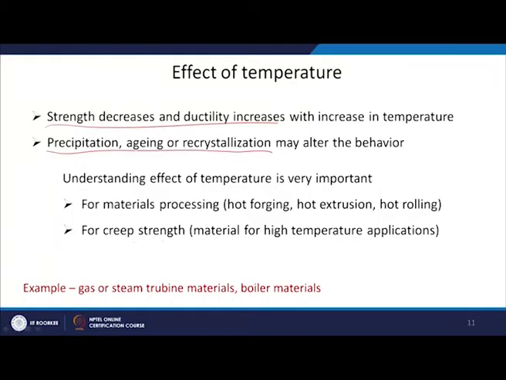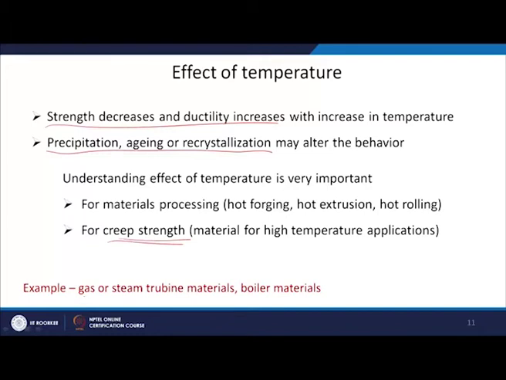Another very important application of temperature on the stress strain curve of a material is creep strength. For a higher temperature application, we need the creep strength of the material. Of course, the way we do the test is slightly different from how we do the tensile test, but the important part here is that temperature is the factor to consider.